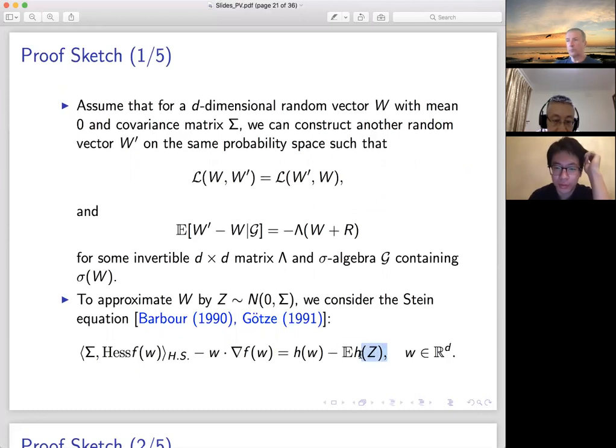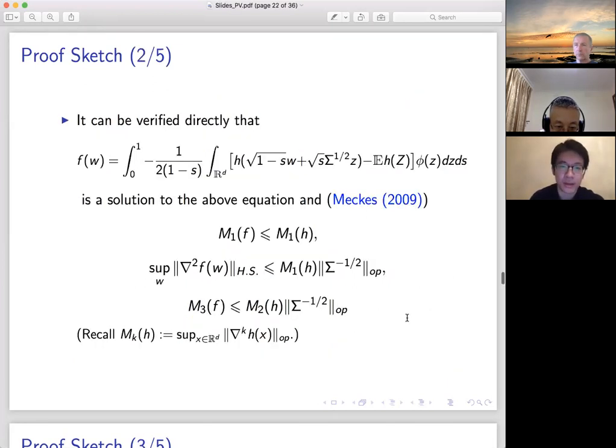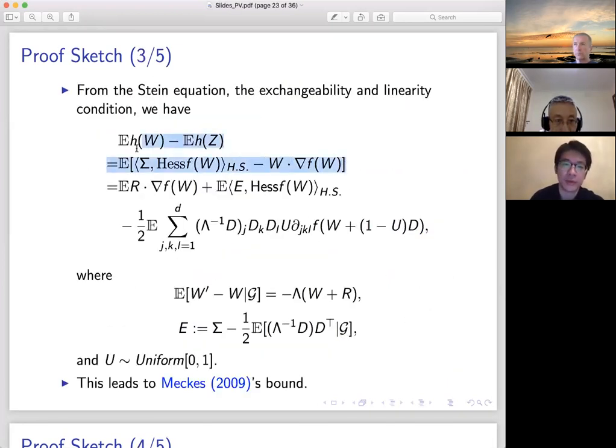Then recall what we want to bound is E of h(W) minus E of h(Z). This equation holds for all w, so we replace small w by capital W, and we can equivalently bound the expectation of the left-hand side. That is this first equation here. Now this thing only involves W and the solution f.